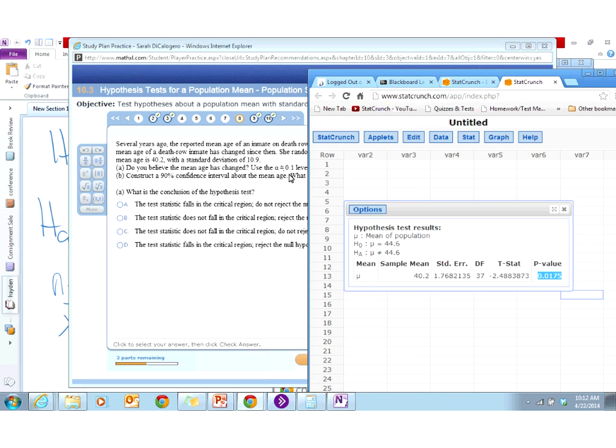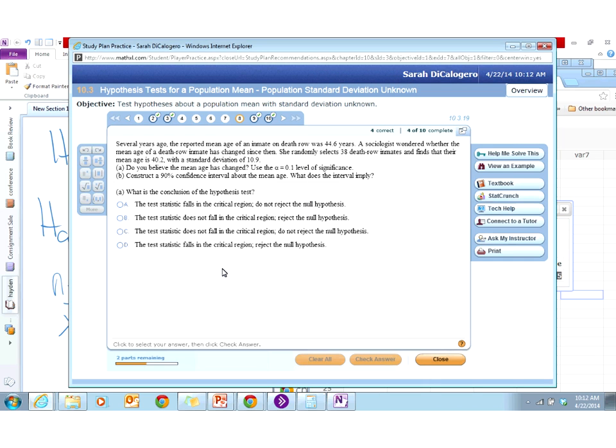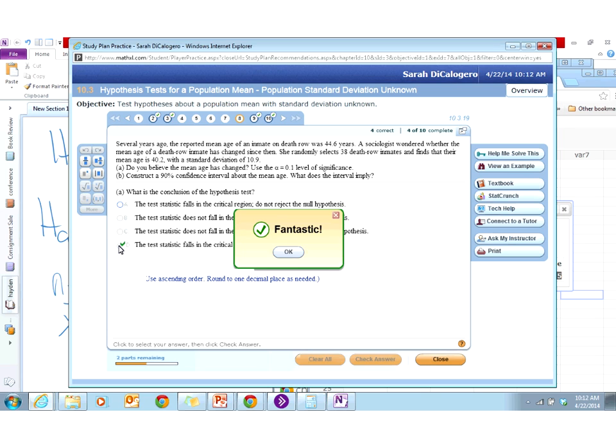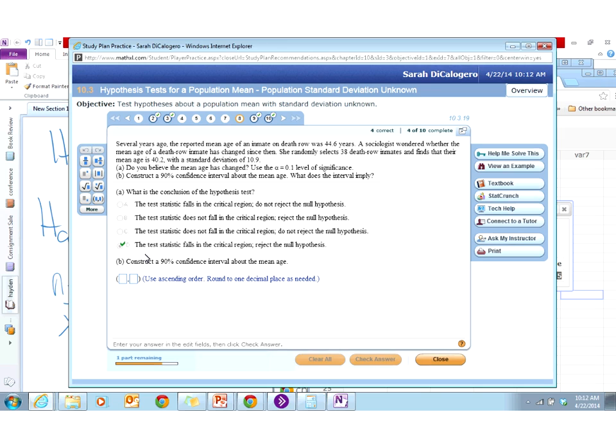Well, our p-value is less than 0.1, so we're going to reject, and it also means that the test statistic is in the critical region. So the test statistic falls in the critical region, and we're going to reject the null. We don't even need to go to the t calculator and do that calculation.